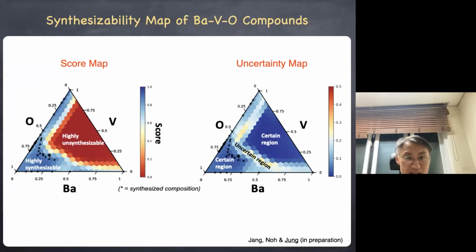And you can clearly see that all those structures that have been synthesized lie in the synthesizable region, according to our model. And because our model, this positive unlabeled learning, is an ensemble-based method, you can even estimate the uncertainty of the predictions. And luckily, all those structures that have been synthesized lie in a certain prediction region.